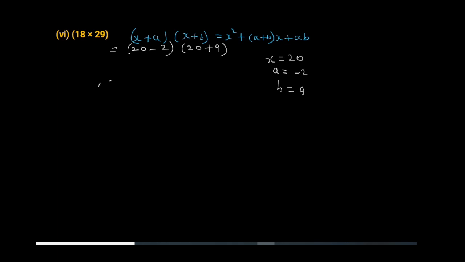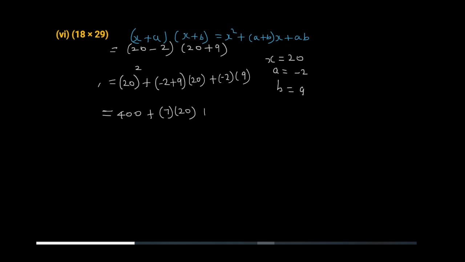So use it. x squared plus a plus b into x plus a into b. So 400 plus minus 2 plus 9 is 7. 7 into 20 plus minus 18. 2 into 9 is minus 18.